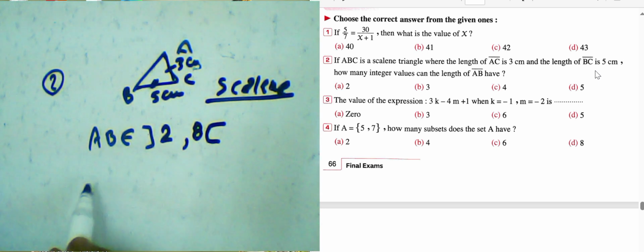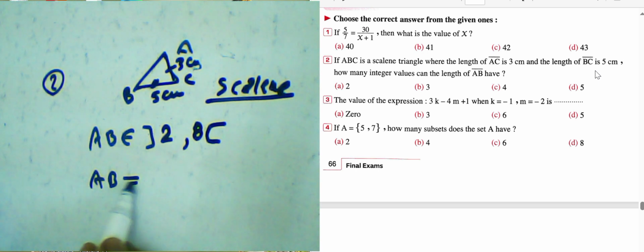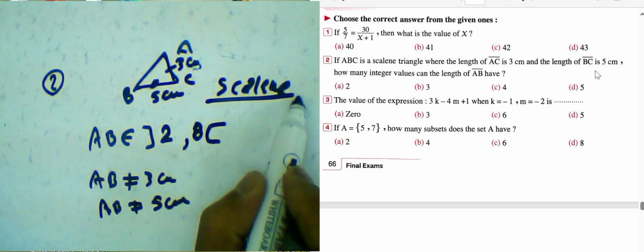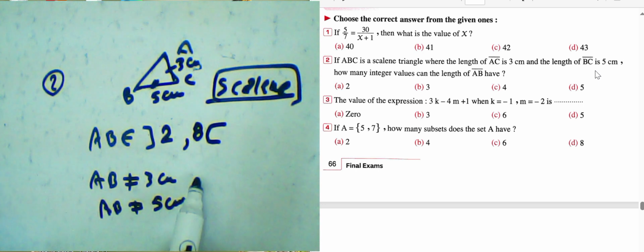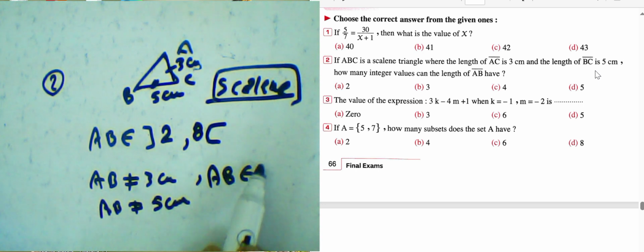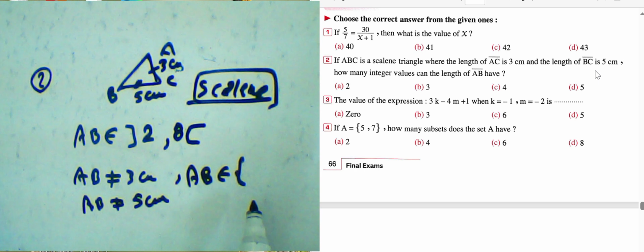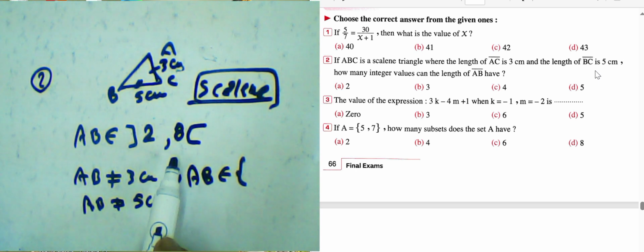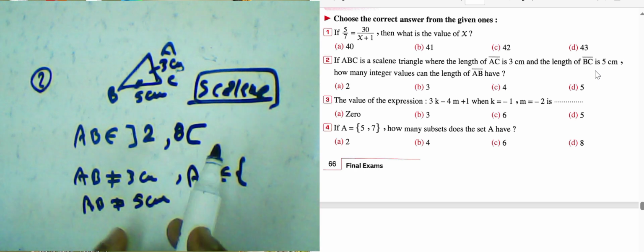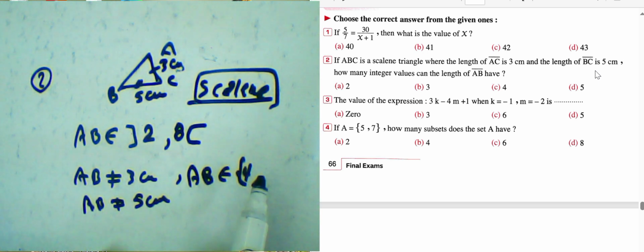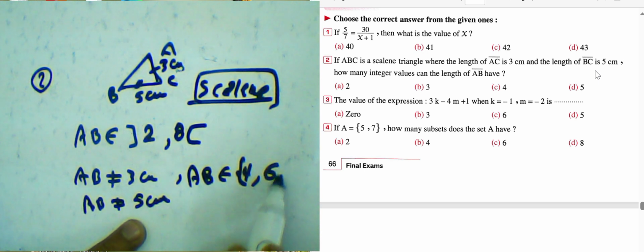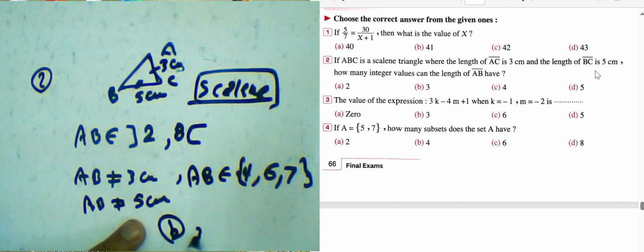Then AB is not equal to 3 centimeters and not equal to 5 centimeters because it is scalene. So AB belongs to the integers between 2 and 8: 3, no, don't write 3, 4, don't write 5, 6 and 7. So we have 3 solutions for this example. The result will be letter B.